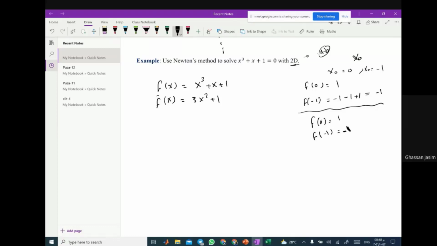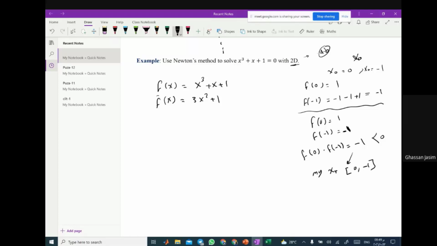If you remember in bisection, if we multiply f of 0 by f of minus 1, it will be minus 1, that means less than 0. That means my root, or intersection point, is between 0 and minus 1. Why?